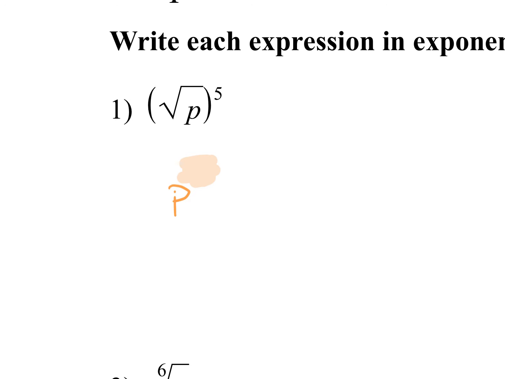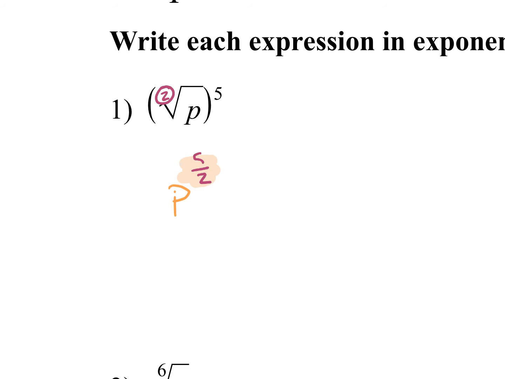So what is our index of this radical? If nothing's written here, what does that mean our index is? 2. And the index goes on the top or the bottom of a fraction? The bottom. So that 2 is going on the bottom. What do you think goes on the top of our fraction? The 5.